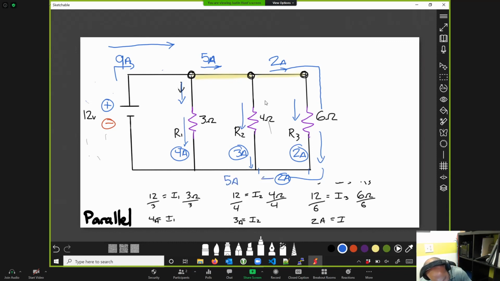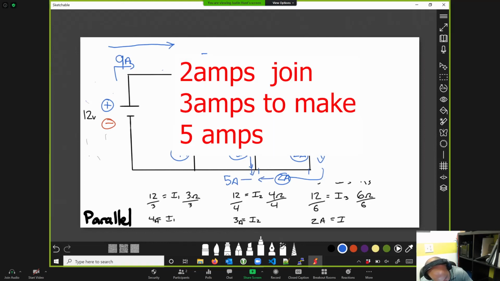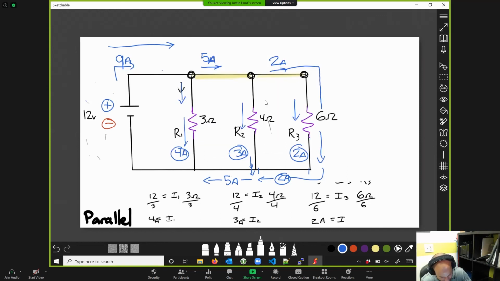Or, excuse me, these 3 amps here and the 2 amps here are going to join to create 5 amps at this section. And then the 4 amps at the end of this junction are connecting with the 5 amps here, making 9 amps coming back into the negative terminal.